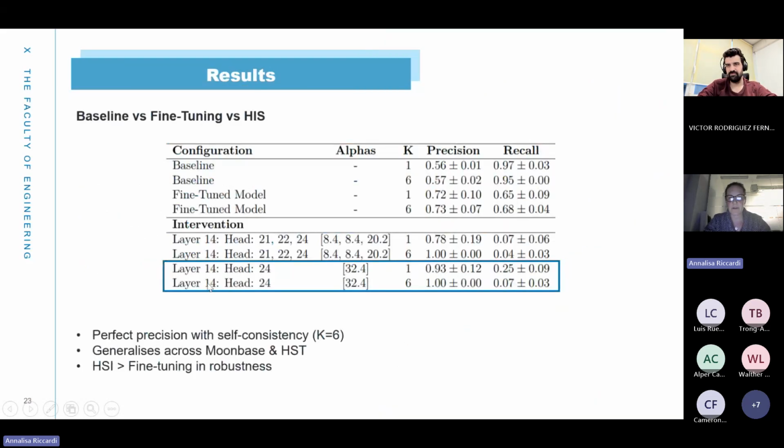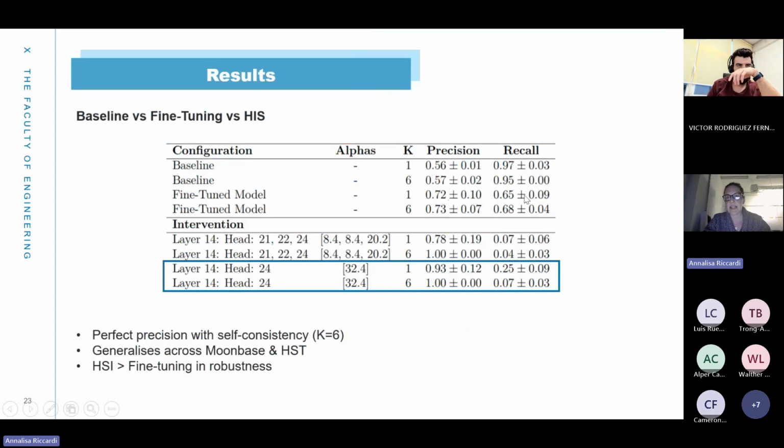So we just see the layer 14 with the 3 heads or with a single head with a different strength. And then we compare how the baseline model compares in performance in terms of precision and recall with the fine-tuned and with our intervention model.